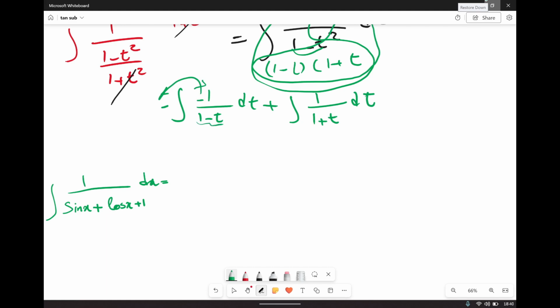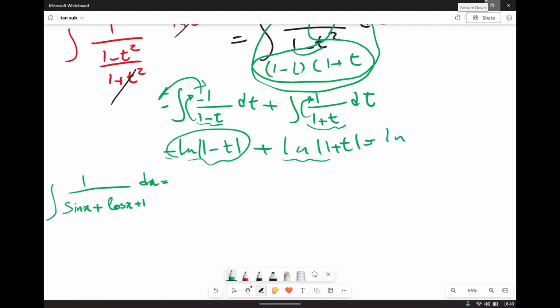For exactly this part, the derivative is outside, therefore it is minus ln of 1 minus t in absolute value, but for this part, the derivative is on top, it is ln of 1 plus t. Therefore we can use ln rules. At first I write minus this part, so it is ln of 1 plus t divided by 1 minus t plus c, our total integration.